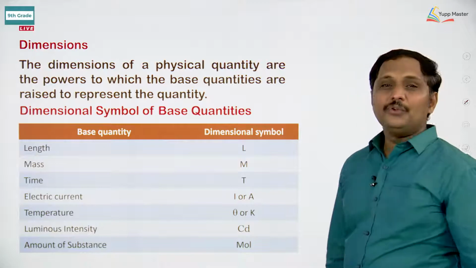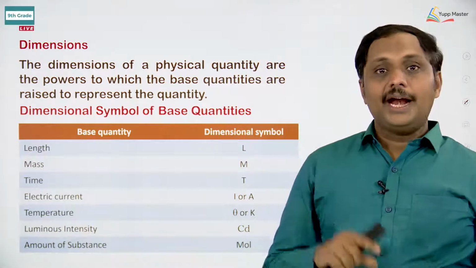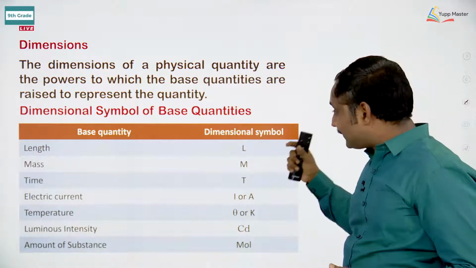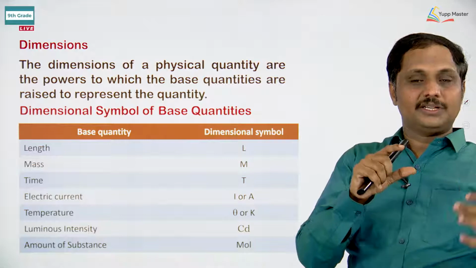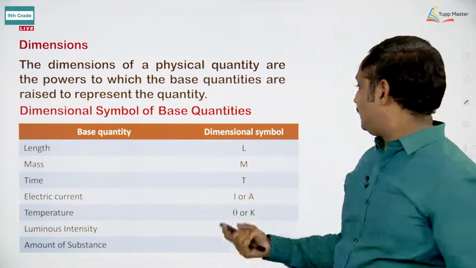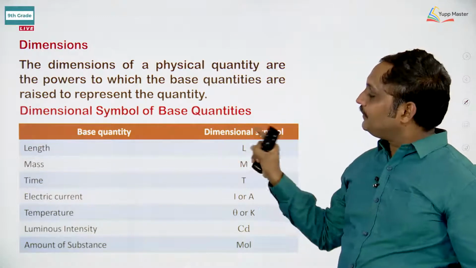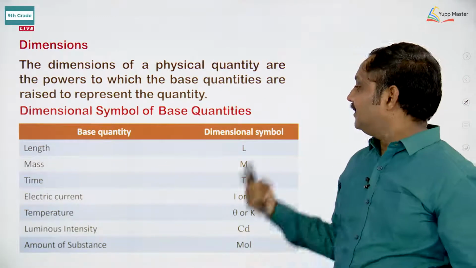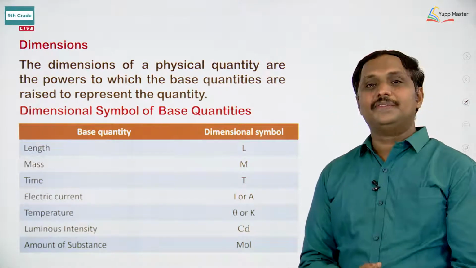If you are going to take that, first you can choose the physical quantity and you can represent the formula, the physical quantity which is represented by the formula in terms of the fundamental quantities. Like what about the fundamental quantities? Length, mass, time, electric current, temperature, luminous intensity and amount of substance. It is very clear.